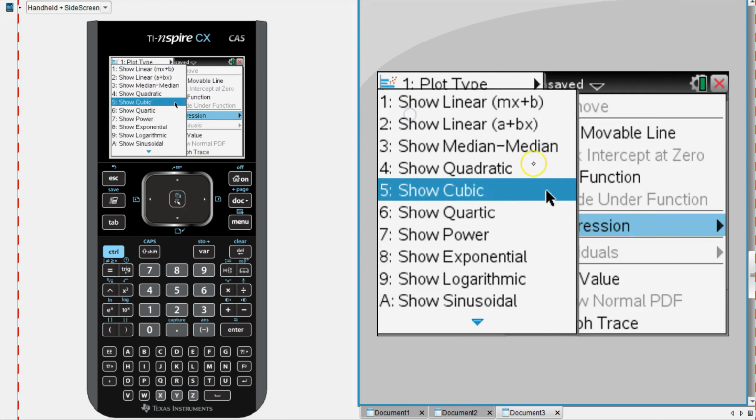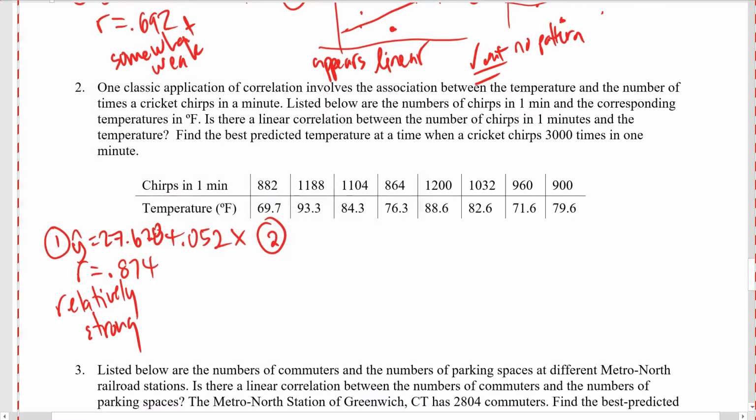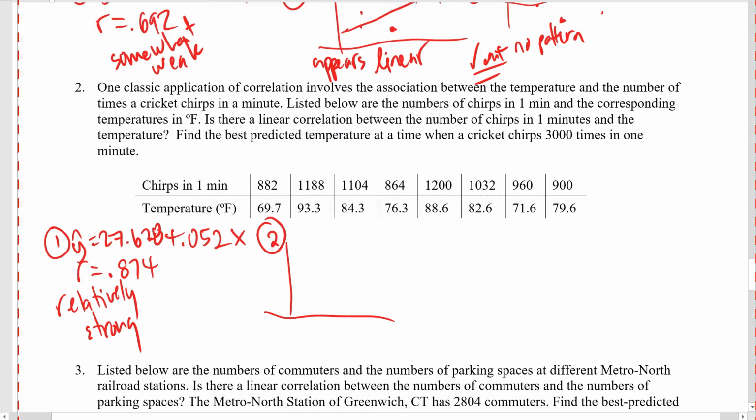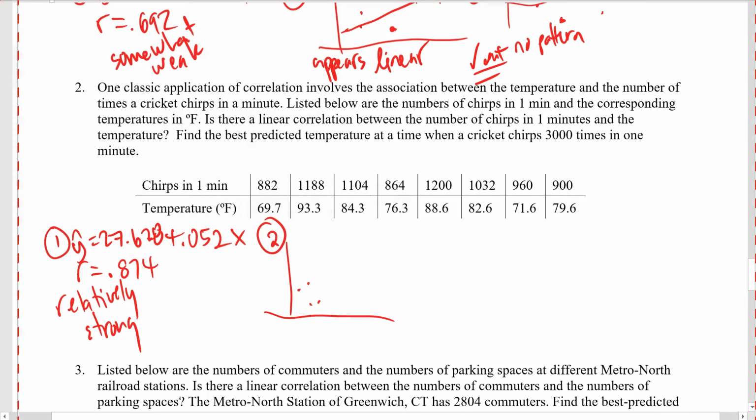Analyze regression A plus BX. Notice that is the formula we got. Okay, so let's go ahead and sketch this. One, 2, 3, 4. Let's see what that looks like. Oh, that one should have been a little further over.